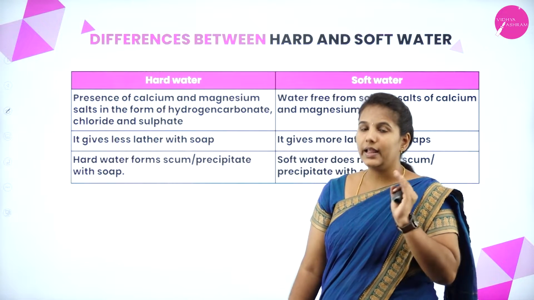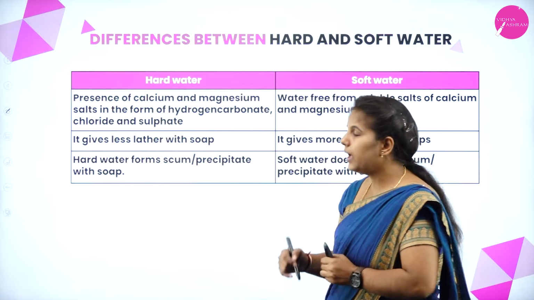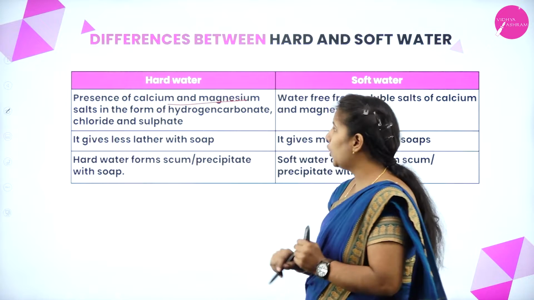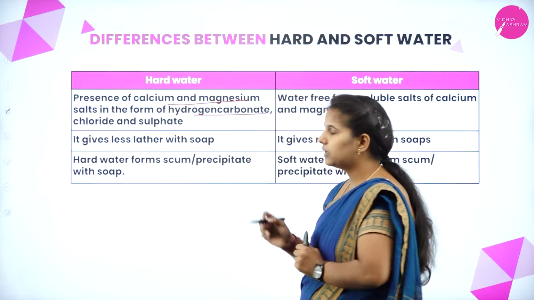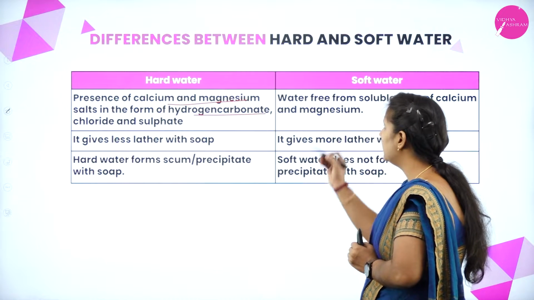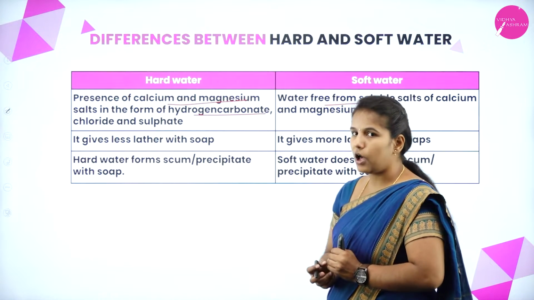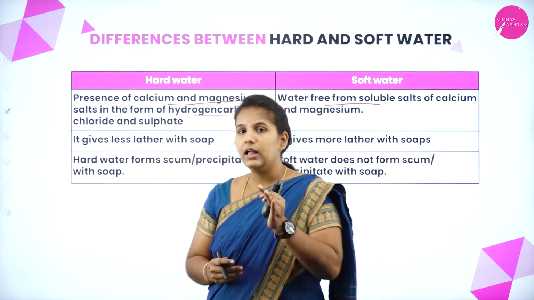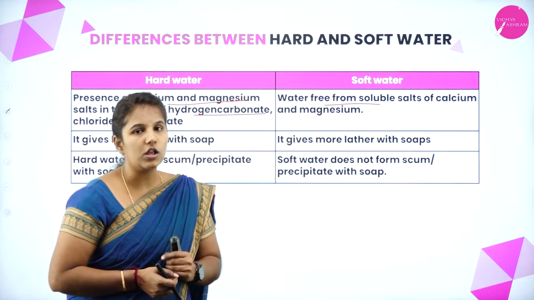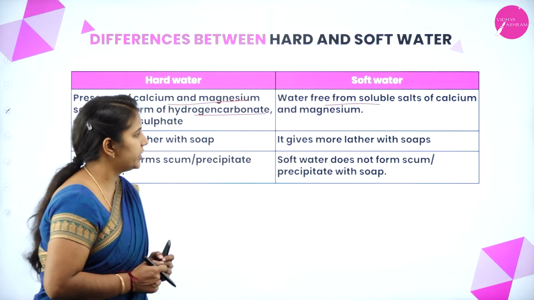We all know that in hard water, there will be a presence of calcium and magnesium salts. It forms what? Hydrogen carbonate as well as chloride and sulfate. Whereas soft water is water which is free from the soluble salts of calcium and magnesium.